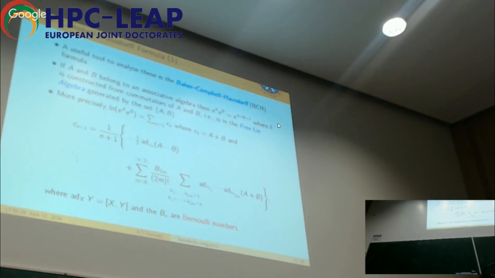The reason we're interested in this notation is that trying to write this in terms of commutators is very messy. It's much more elegant to write it in terms of this function ad. But remember, ad is a kind of trivial object, it just gives you the commutator. So that first term is minus a half times the commutator of Cn with A minus B, and that's all we need.